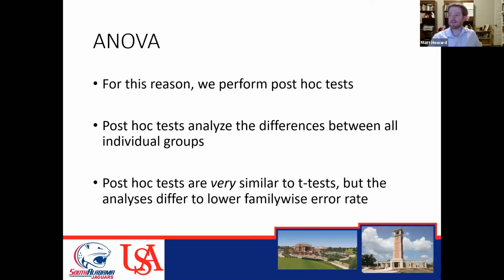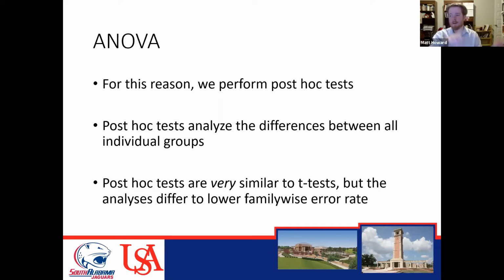Post hoc tests are very similar to t-tests. However, they do differ from t-tests because they account for the family-wise error rate. Compared to a t-test, there are some differences in the way post hoc tests are calculated. We'll talk about that in a slide or two, but just know that post hoc tests are very similar to t-tests. Post hoc tests compare two groups.